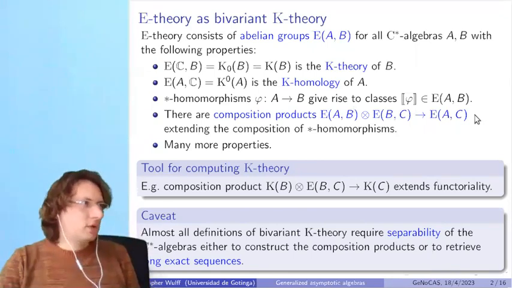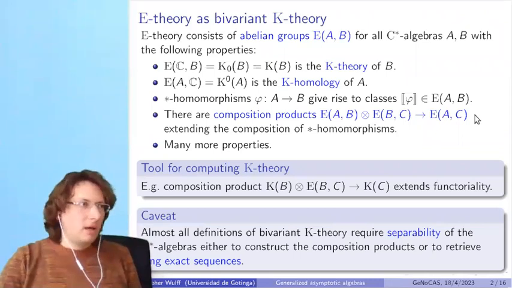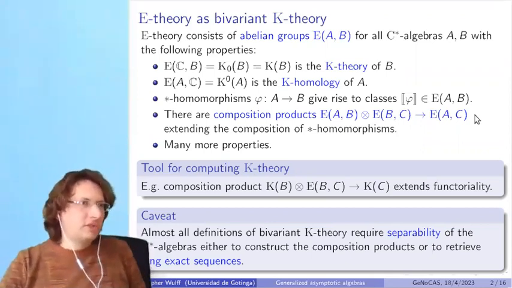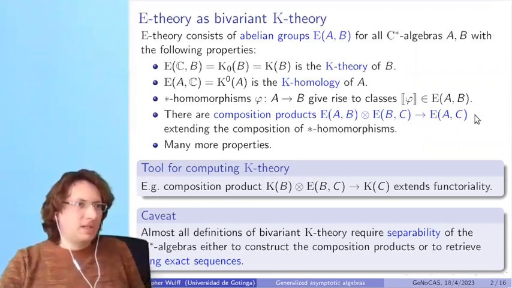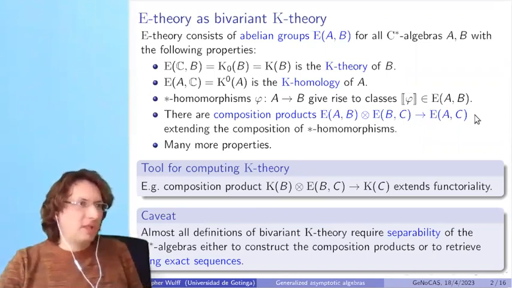The same was the case in the original definition of E-theory by Connes and Higson. But the model of E-theory which I will describe first, a model by Guentner, Higson and Trout, fixes at least the composition product. So that has composition products for all C-star algebras, even non-separable ones. But there the problem lies in the proof of the long exact sequences.